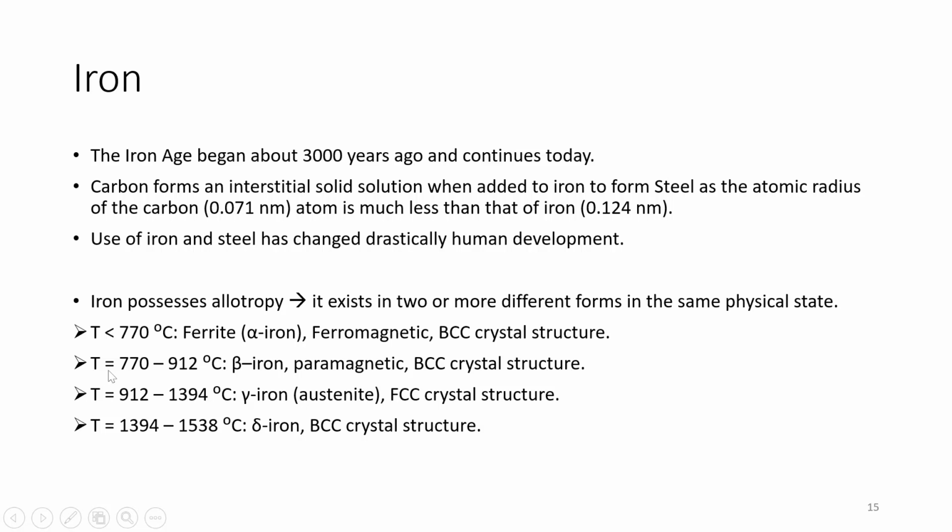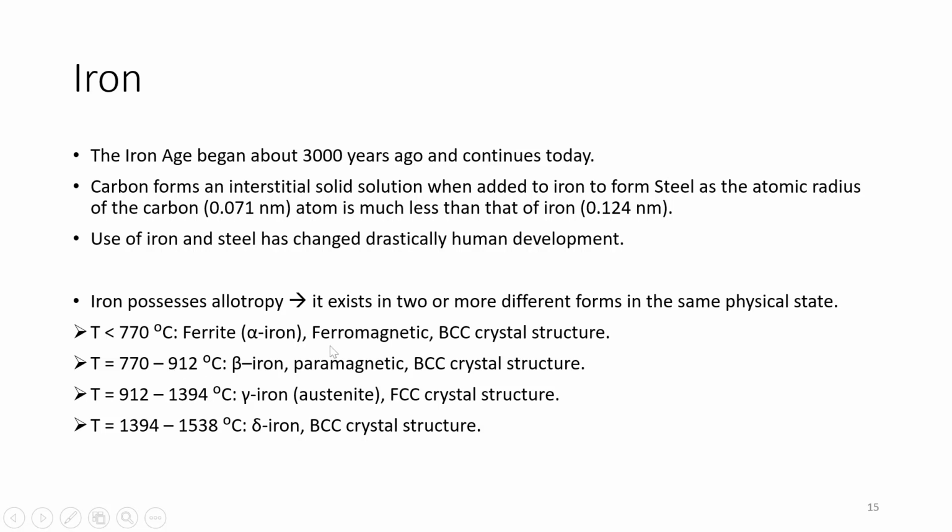If your temperature is between 770 and 912 degrees Celsius, then it will be beta iron. This transition at 770 degrees Celsius is also known as the Curie temperature.